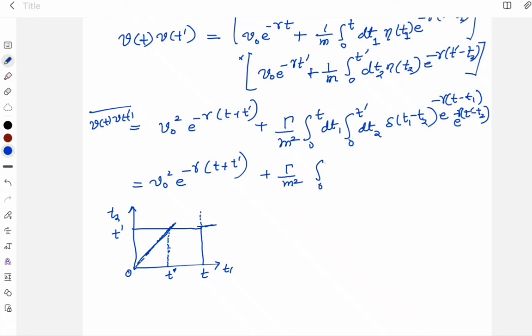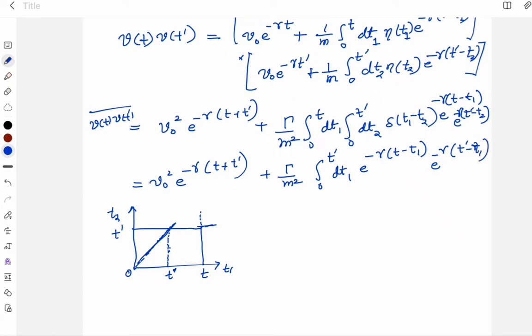So this integration would be 0 to t' dt1, and substituting t1 in place of t2, you will have e to the power minus gamma (t minus t1) e to the power minus gamma (t' minus t1).